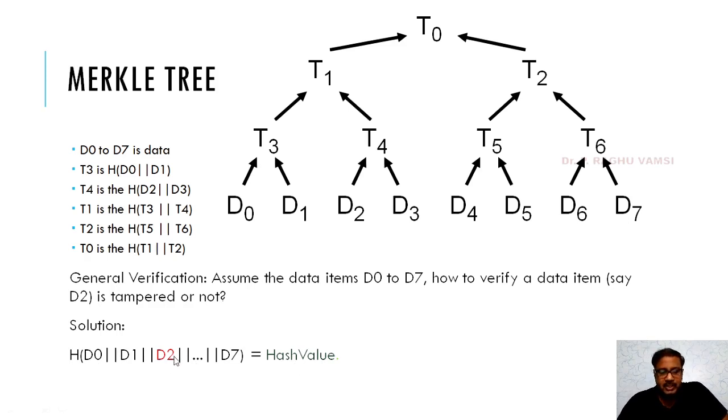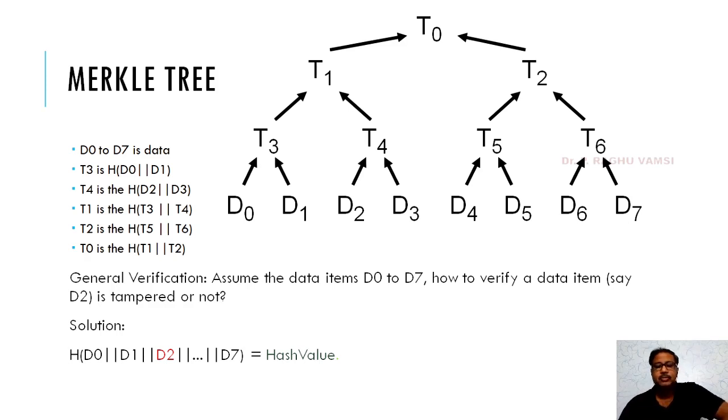So this is the main problem here. To check even a single data item, the one who will verify that data item, or look for tampering of the data item, needs to have all the data items that are present in the system.